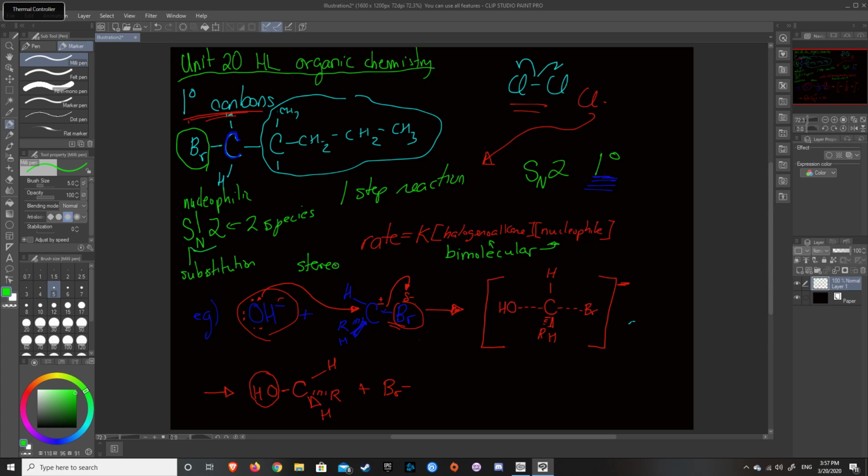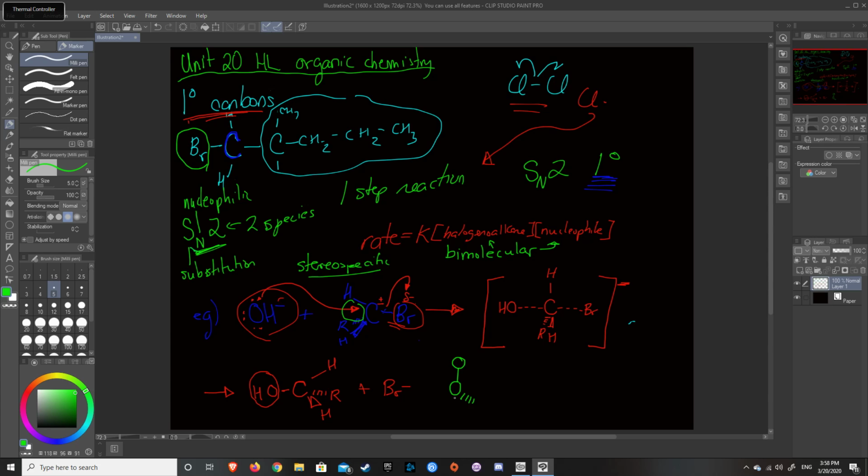Stereospecific, which means that every single time you see an SN2 reaction, the nucleophile attacks from the open space on the back side of the halogen. So the halogen's coming right out. If we drew that tetrahedral structure, there's our central carbon.